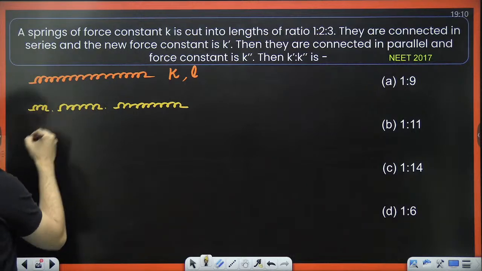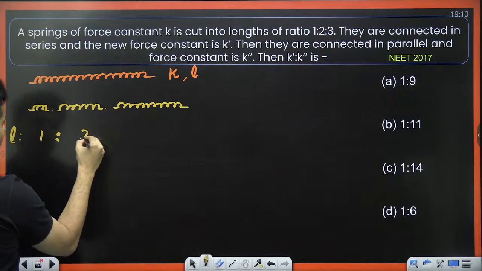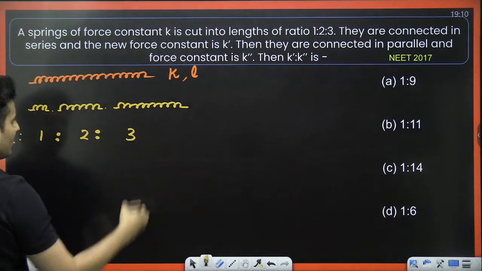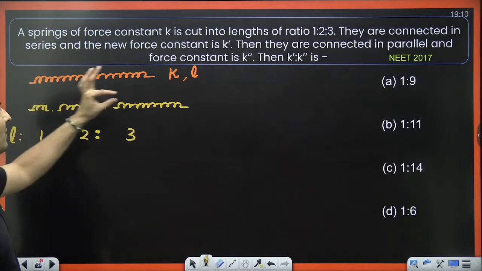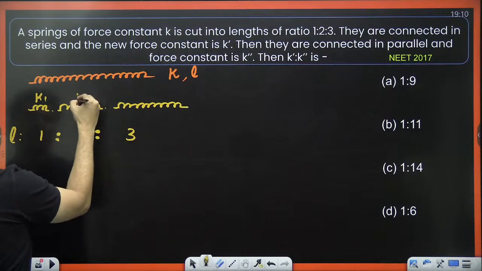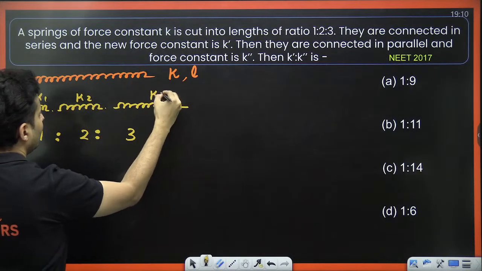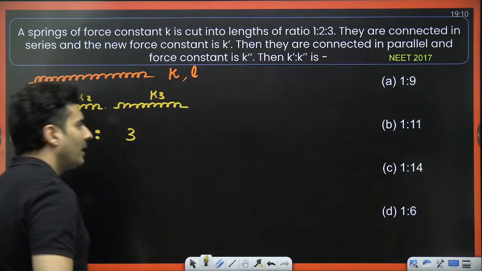So this is lengthwise 1:2:3 ratio. Each one of them will have some constant. Let's say I call them K1, K2, K3. What will be their spring constants ratio?